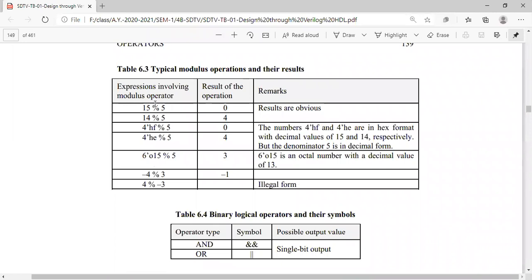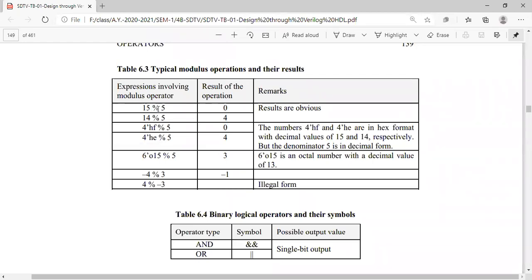Let me show you this table now. You can understand the difference between using the percentage and the general division. If I write a backslash b, it is going to give you the quotient, and if I write a percentage b, it is going to give the remainder.